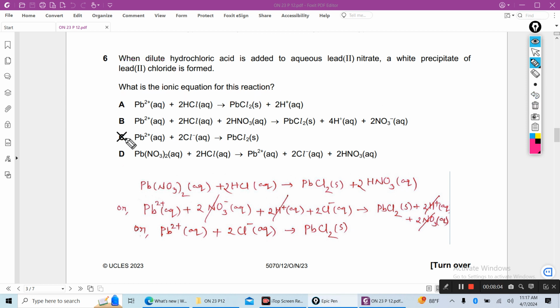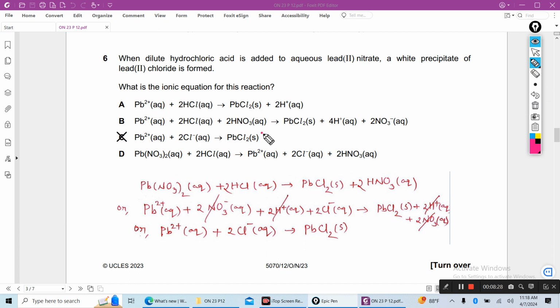So this is the answer. C. Pb2+(aq) + 2Cl-(aq) → PbCl2(s). So this is the main ionic equation for the formation of lead(II) chloride when lead(II) nitrate reacts with hydrochloric acid.